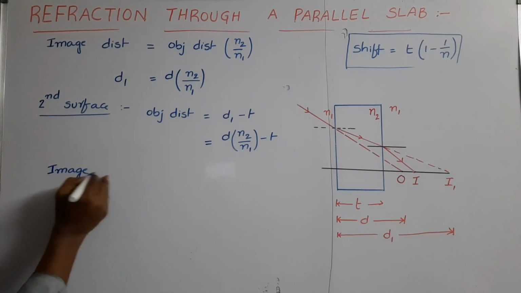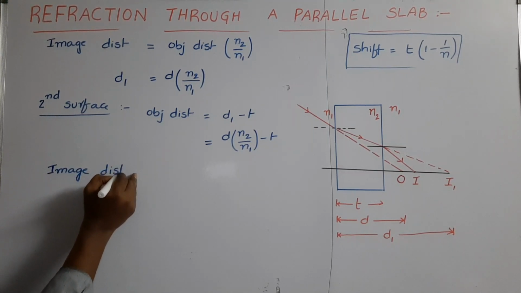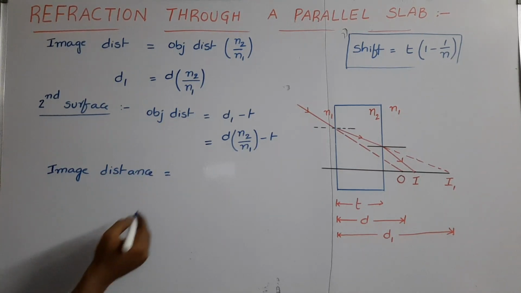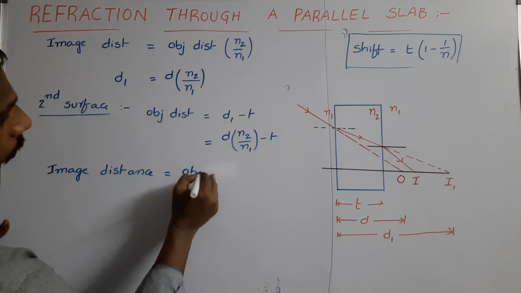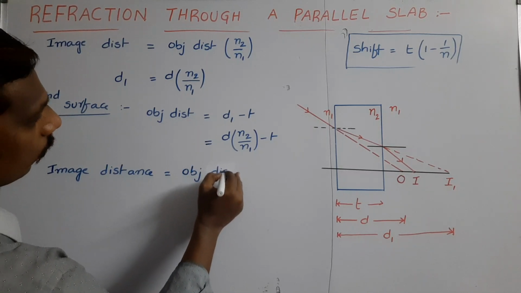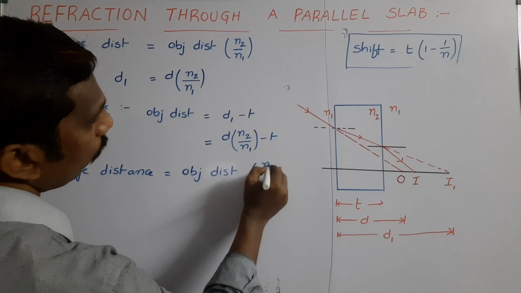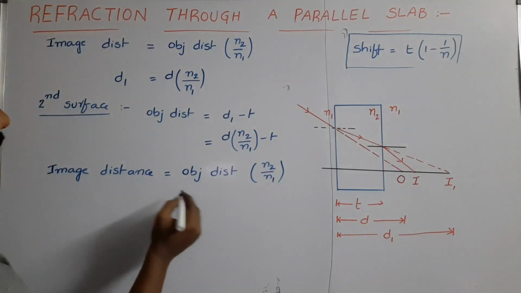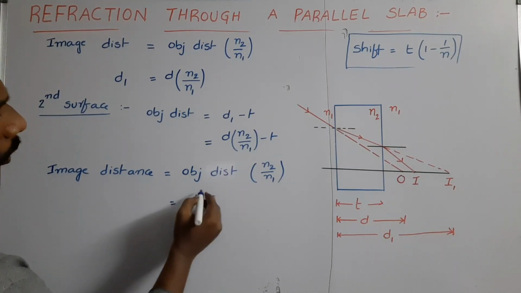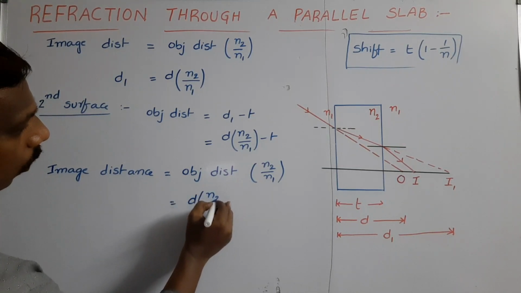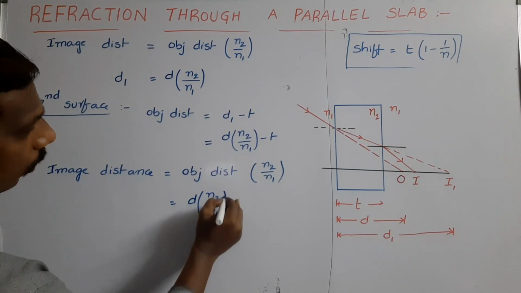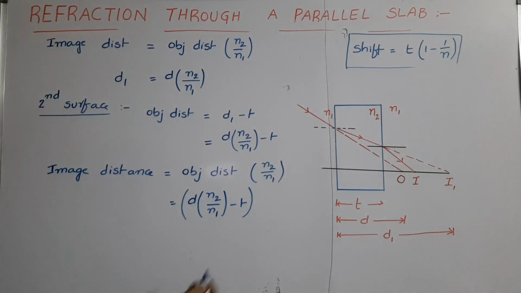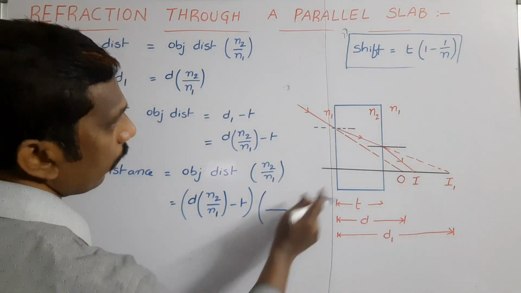Image distance is equal to object distance into, this is the actual formula, n2 by n1. So object distance is equal to d into n2 by n1 minus t, into, first the light ray travels in a medium of refractive index n2.